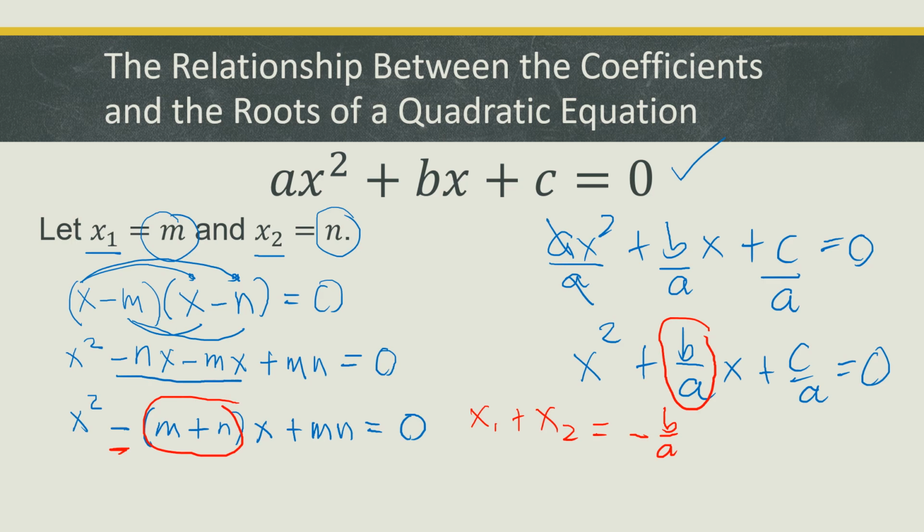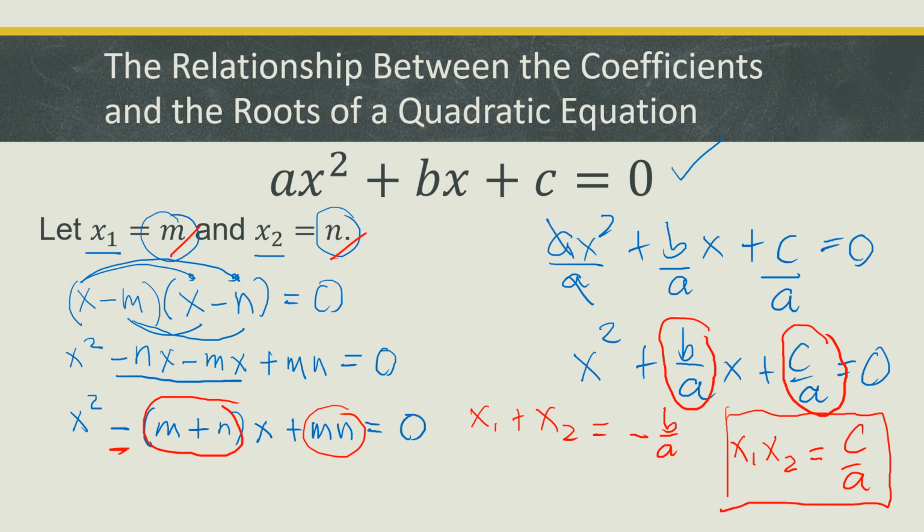And we have here the product of the roots, which is m times n, and it is equivalent to c over a. So the product of the roots x sub 1 times x sub 2 is equal to c over a. We will use this to form a quadratic equation using the roots of the given equation, or vice versa.